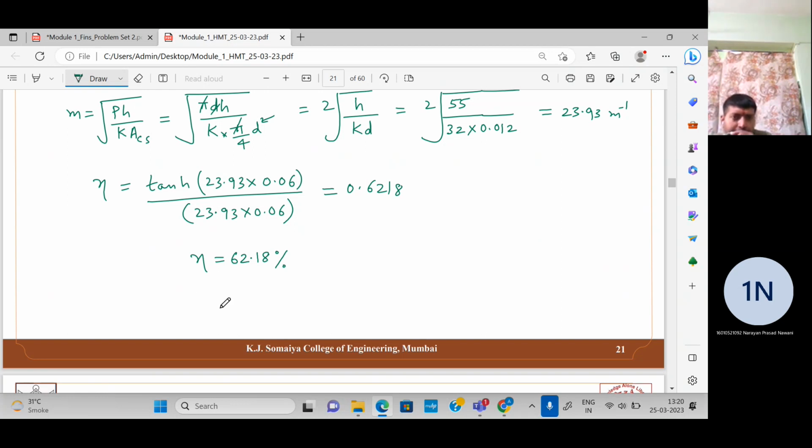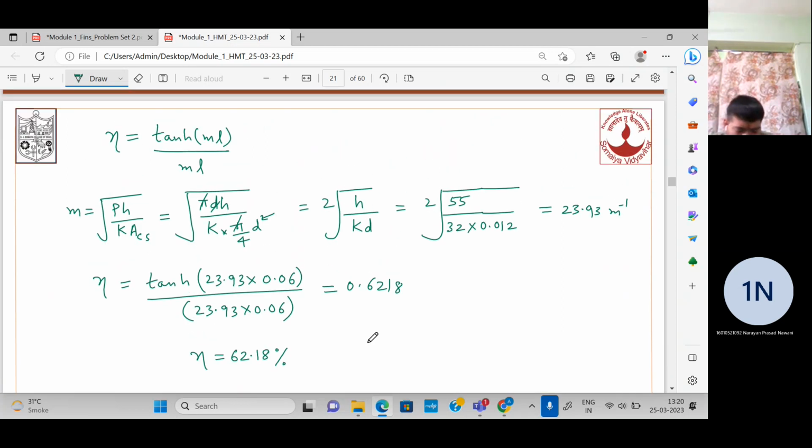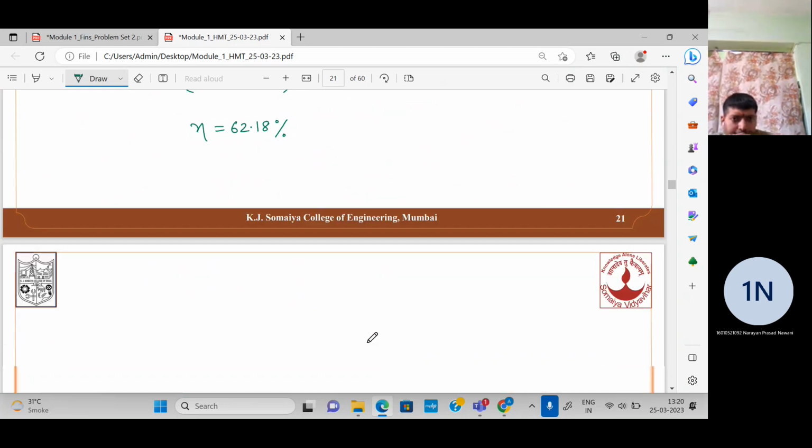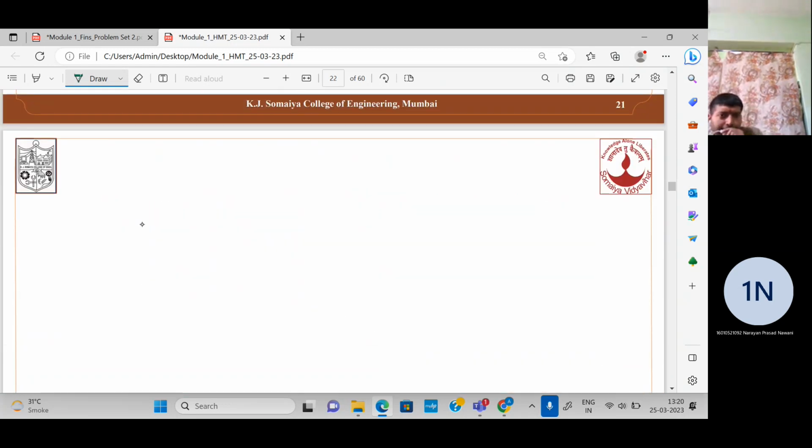Now we'll calculate the temperature at the edge of the spine. That means temperature at the tip of the spine. So for the second case, the mathematical expression for the temperature distribution is theta by theta naught is equal to T minus TA divided by T naught minus TA.